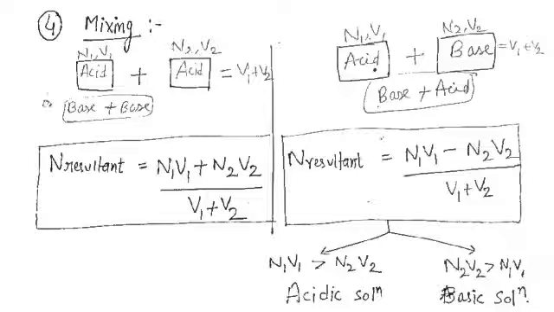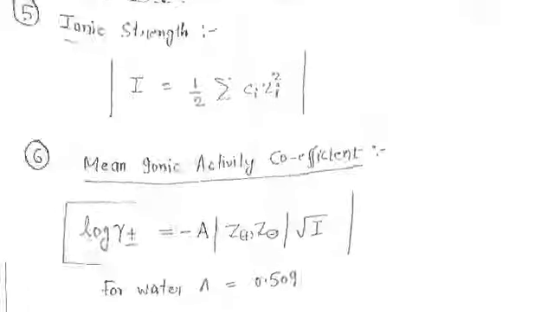If N1 V1 is higher and it denotes the acid, then the resultant solution will be acidic. And if N2 V2 is higher and it represents the base, then the resultant solution will be basic. Alright, now moving ahead, we have two more things and then I will end this video.